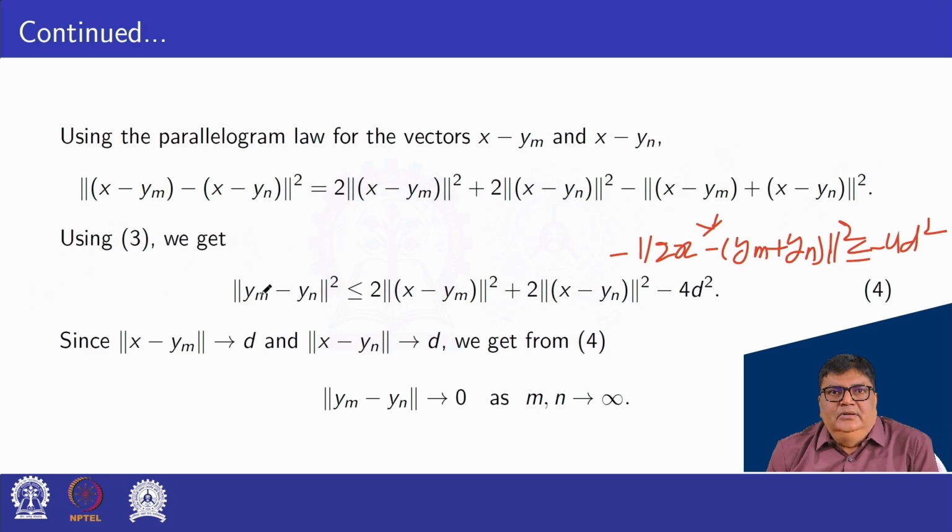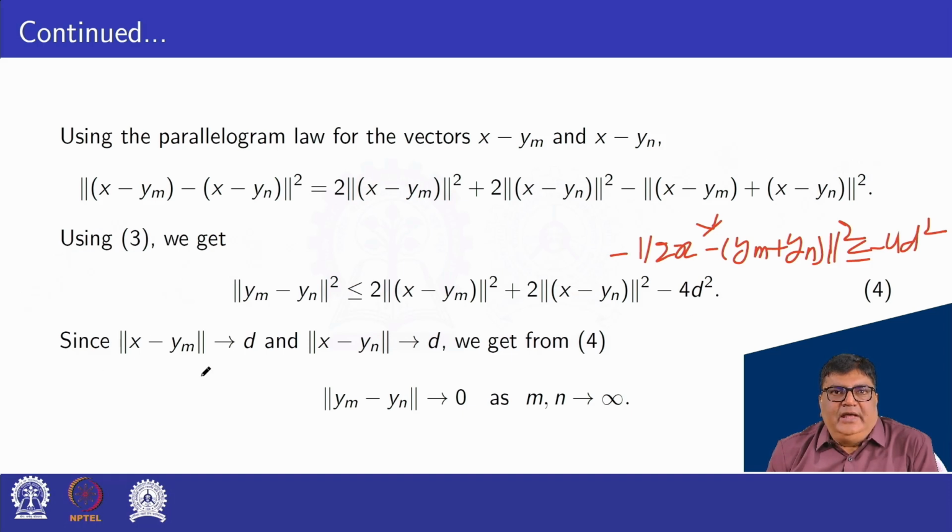So norm of ym−yn squared, here x and x cancel out, is less or equal to 2 norm x−ym squared plus 2 norm x−yn squared minus 4D squared.